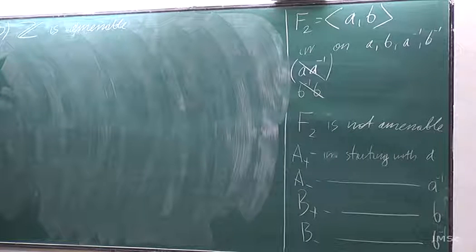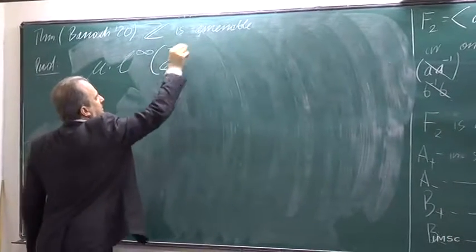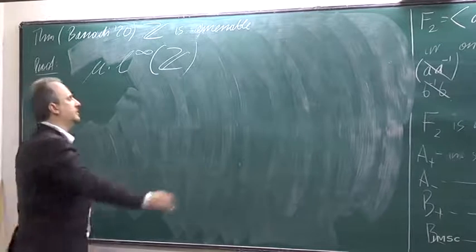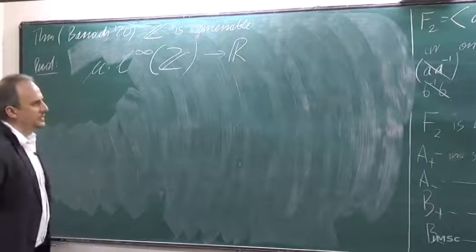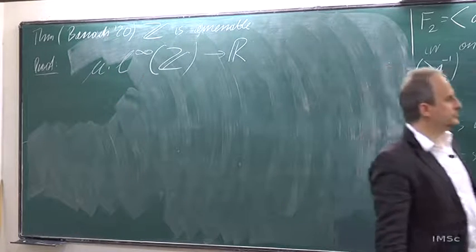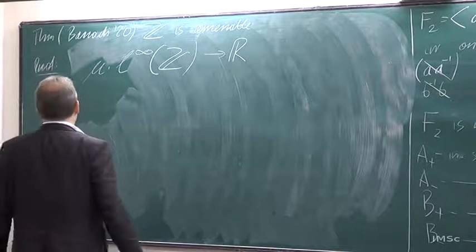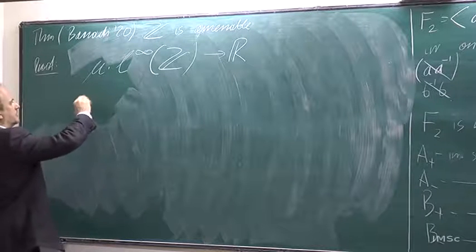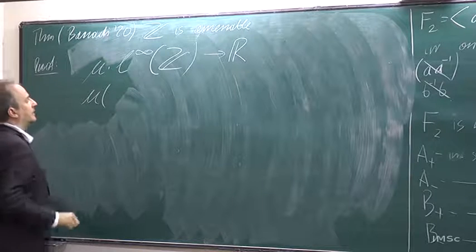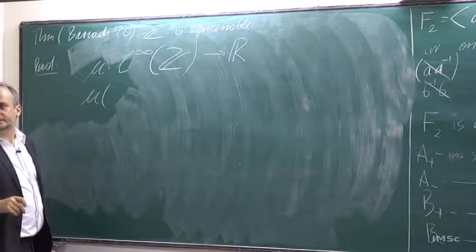We're going to define a functional on all bounded functions on the integers. Let me denote it also mu, because this measure mu will be obtained by applying the functional to characteristic functions of subsets.